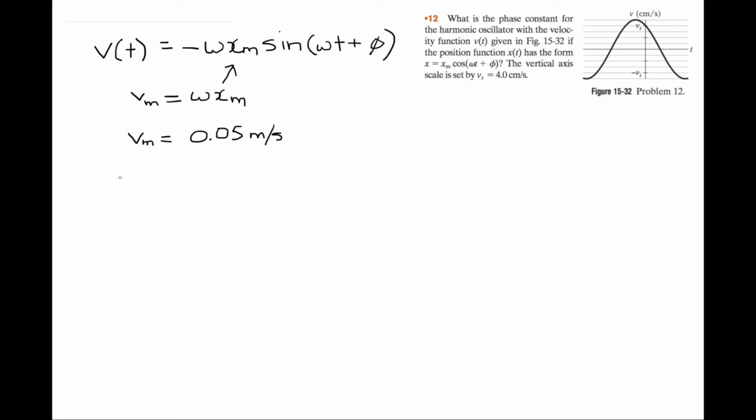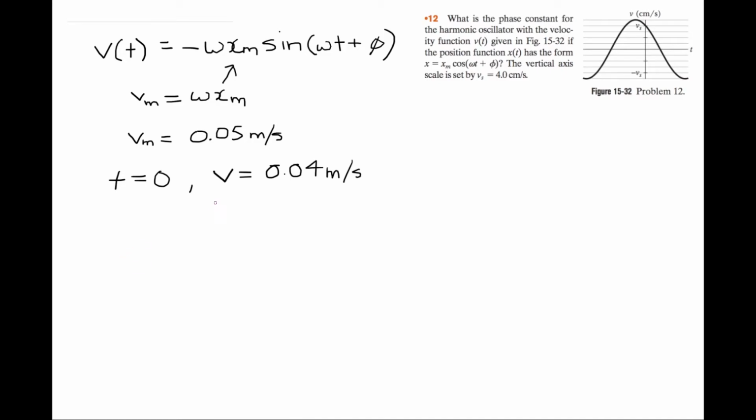So then we know that when t is equal to 0, the velocity is equal to 0.04 meters per second. So now we have a Vm value and a v value that we can sub into this equation to solve for phi.